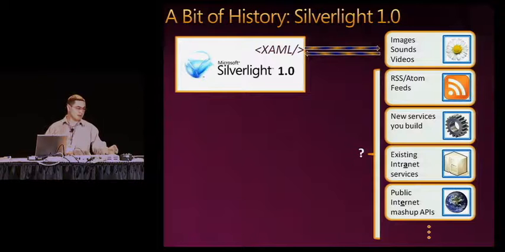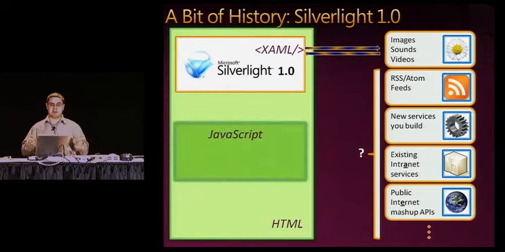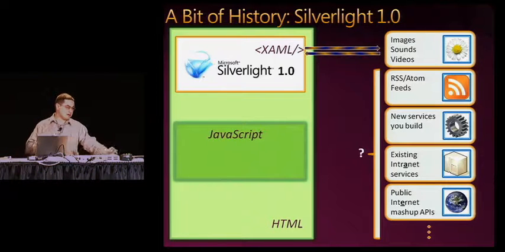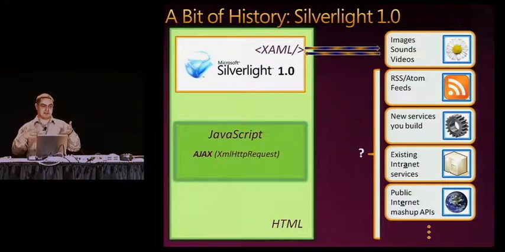types of services. And so what you had to do is you had to remember that a Silverlight control is actually on an HTML page, which can have JavaScript code on it. And that JavaScript code can use your regular standard AJAX techniques, like the XML HTTP request object, or even an AJAX framework like ASP.NET AJAX.